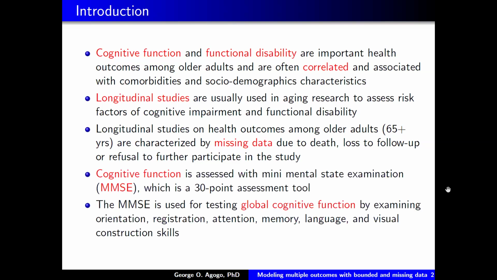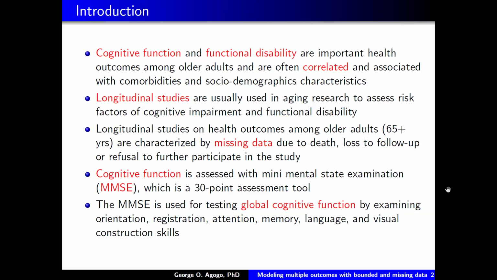And now, in aging research, especially when you want to look at the cognitive status, one of the instruments that is usually used is what we call the mini mental state examination. And so the mini mental state examination, the MMSE, is basically a 30-point assessment tool that is used to test global cognitive function by examining key components.